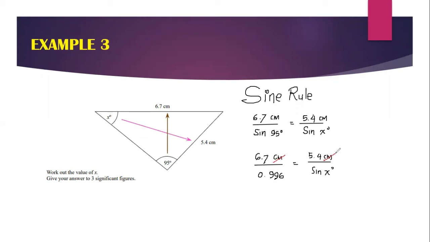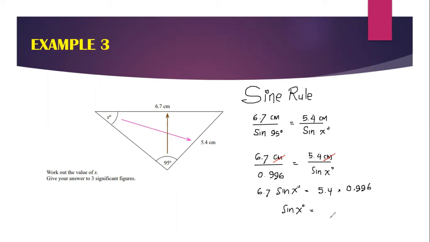Cancel this one. So by using cross multiplication, 6.7 sine x degrees equals 5.4 times 0.996.